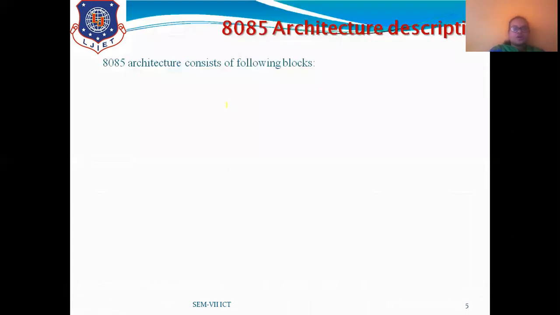Now, so 8085 architecture description, right? As we have seen in the architecture diagram, the 8085 architecture consists of the following blocks. First, that is register array, that is register section. Second, that is ALU group.